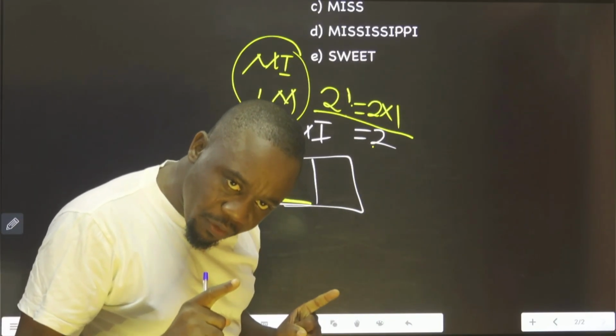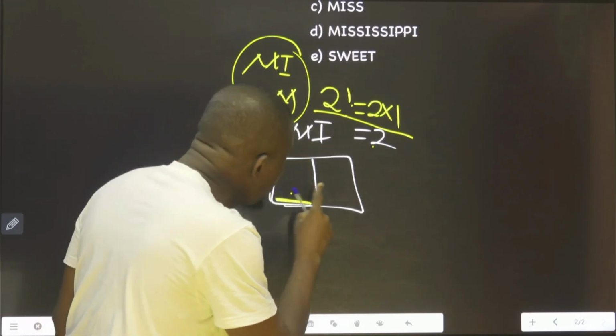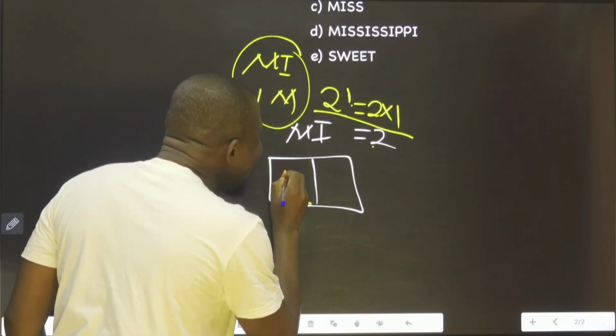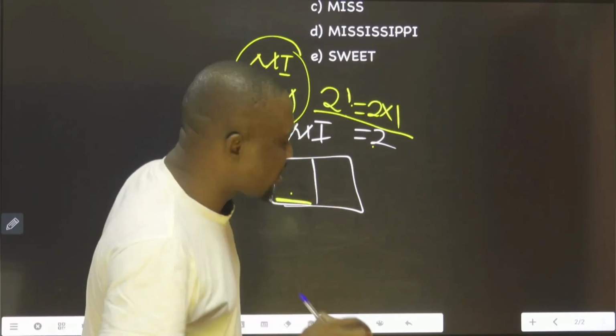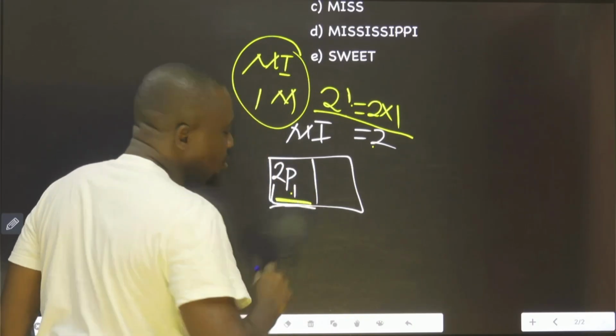Either M or I. How many letters are competing for this position? 2. It means 2 letters are competing for 1 seat, 1 position.